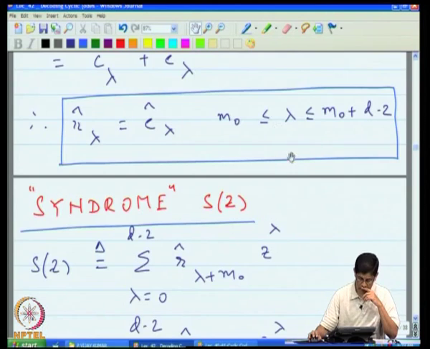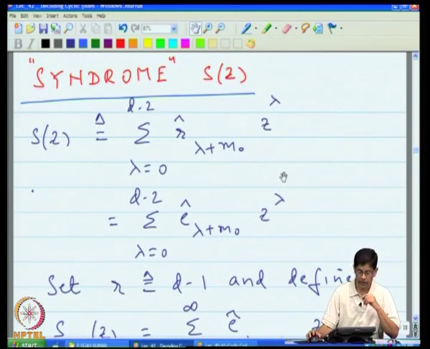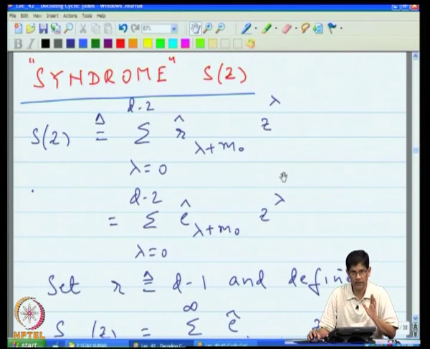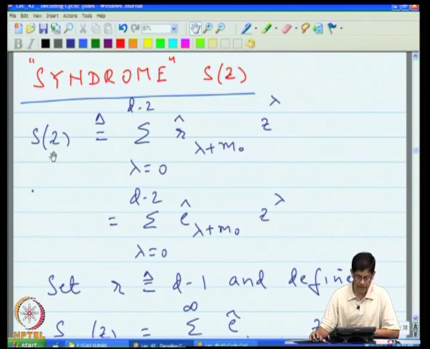Okay. So, here is how you do it. Now, we have defined the term syndrome earlier. This is a slightly different definition of the syndrome. In fact, they are equivalent, but for the moment let us just say that it is an equivalent syndrome and leave it at that. So, we define a polynomial s of z, which is the sum of r hat of lambda plus m naught, z to the lambda.